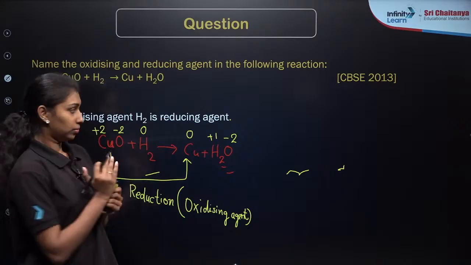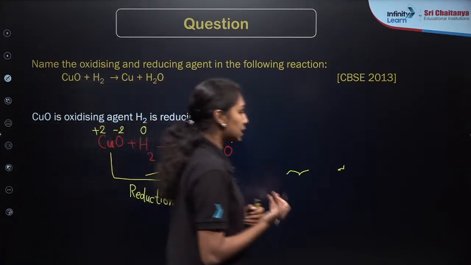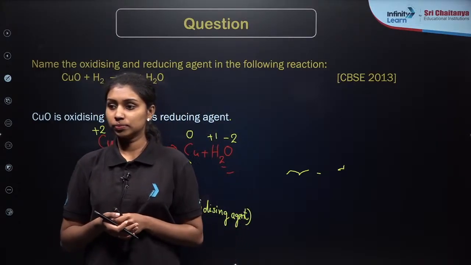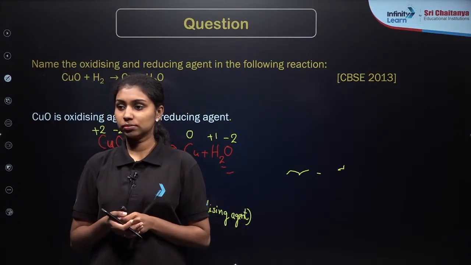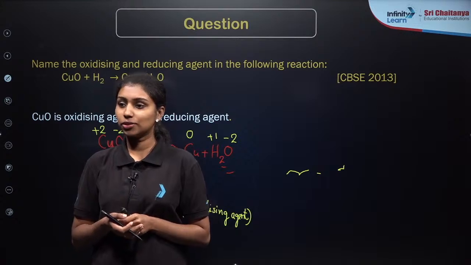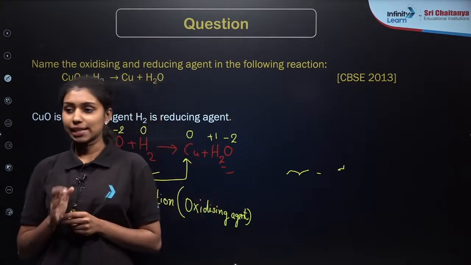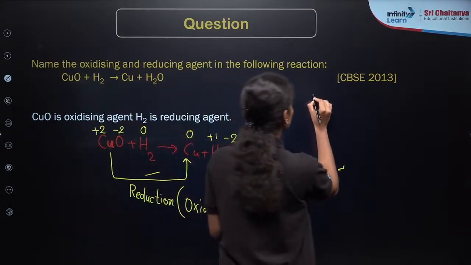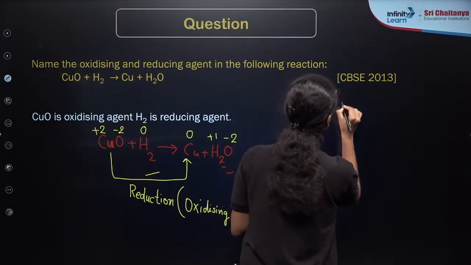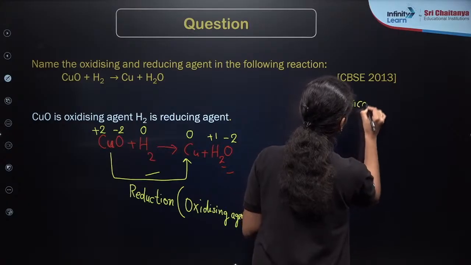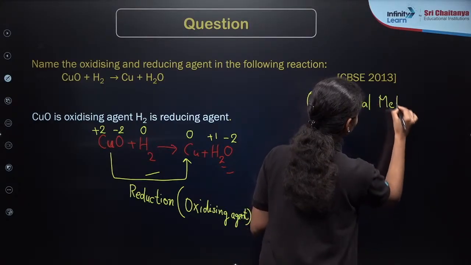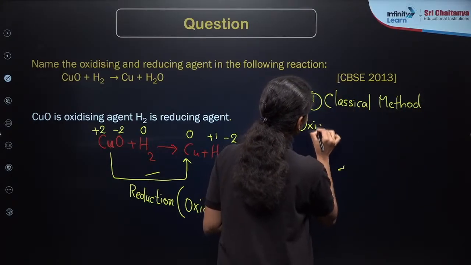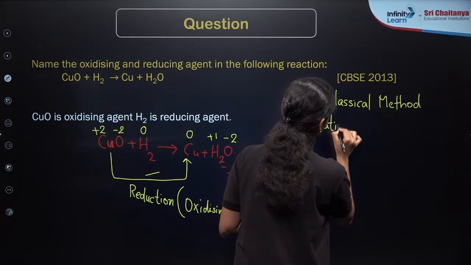Okay, in the case of explaining the oxidation reduction, we have already studied three methods, right? One is the classical method. Yes, Rudraj, you are correct, very good. So that's the exact explanation for the oxidizing and reducing agent. So if you are asking about the concept, first we will be discussing the classical method, right? So according to classical method, oxidation means addition of oxygen or removal of hydrogen.